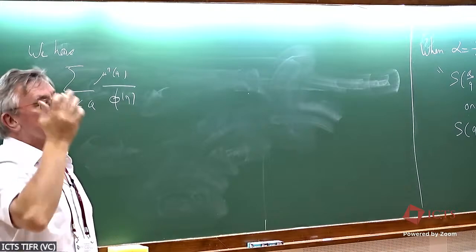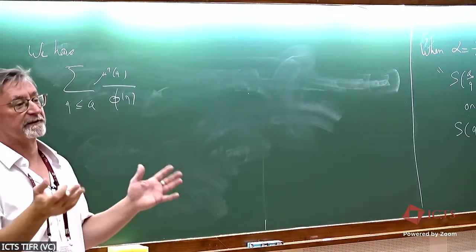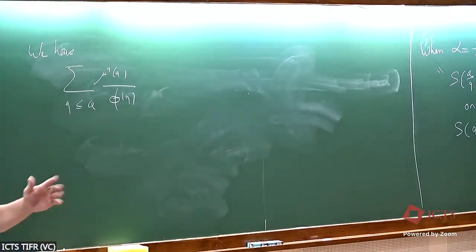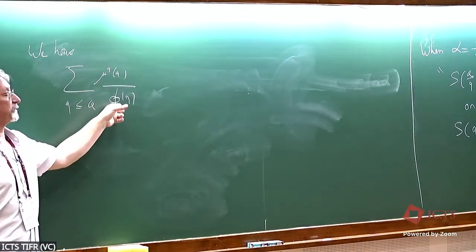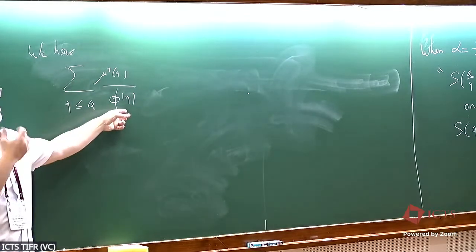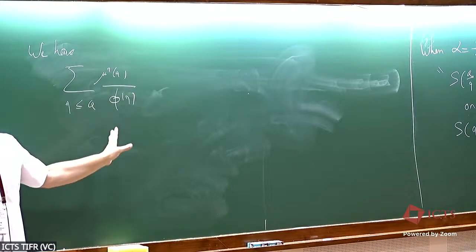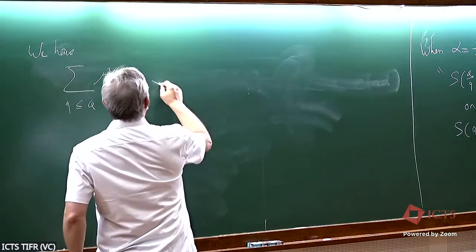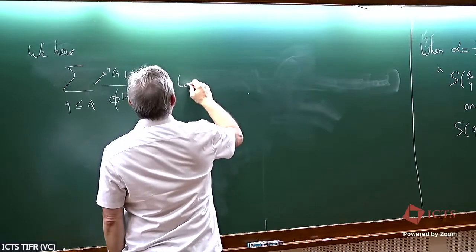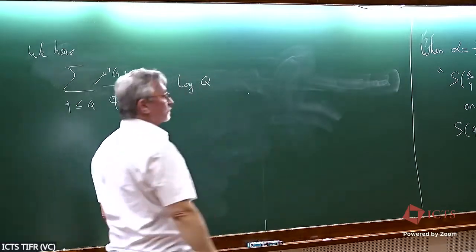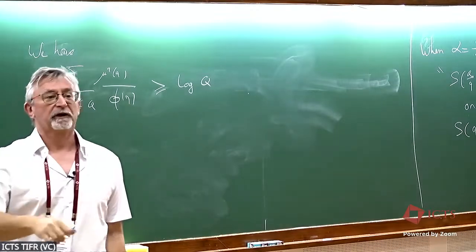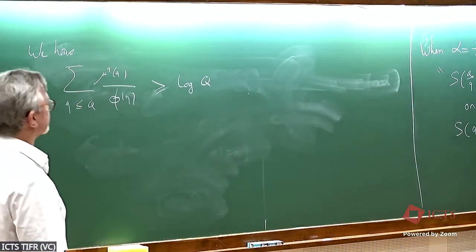So it's about the same as the product of p for p dividing q. So it's about q, and this sum should be about log Q. Now, in fact, you can show that it is larger than log Q, very simply. I'll do that at some point.